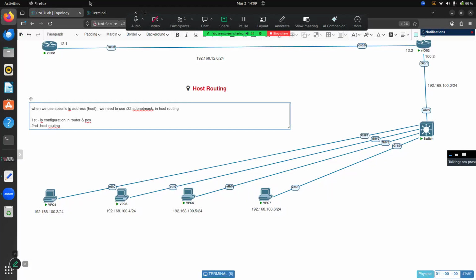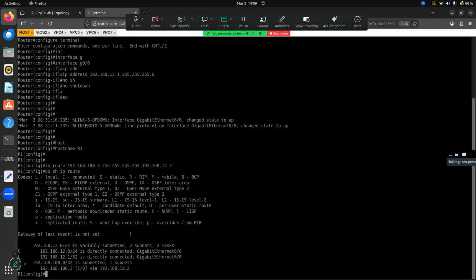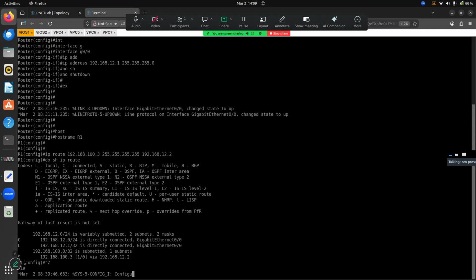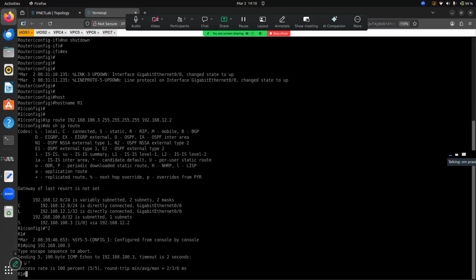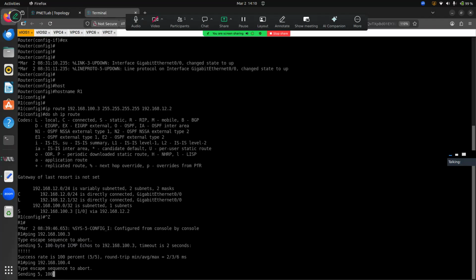I want to reach this particular IP address. Let's verify from the router. Come to privilege mode. Ping 192.168.100.3. It's pinging. Okay, it's pinging 100%.